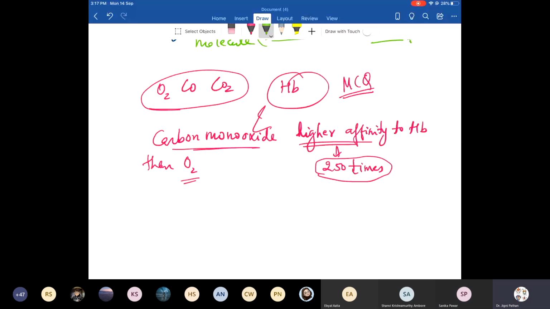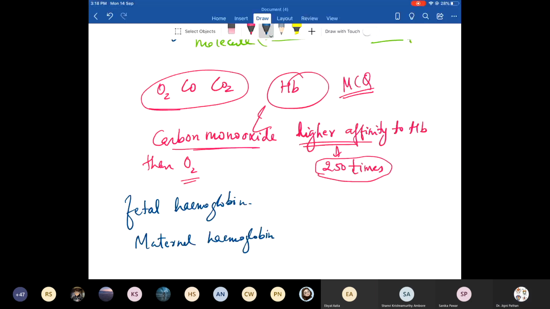Okay. Next. One more very important point, my dear students. If you have fetal hemoglobin and if you have maternal hemoglobin, which hemoglobin do you think has higher affinity to oxygen?